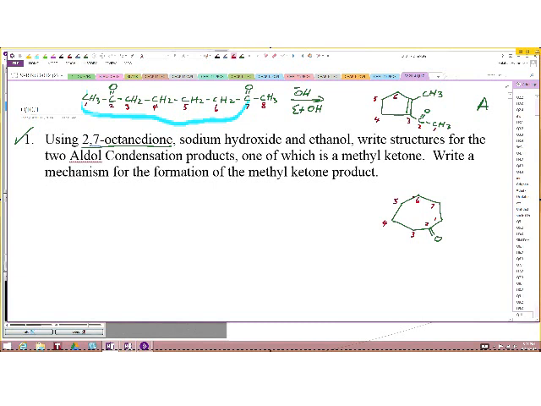So where do you expect the double bond to be? Between 1 and 7. Very good. Now, is there anything missing here?